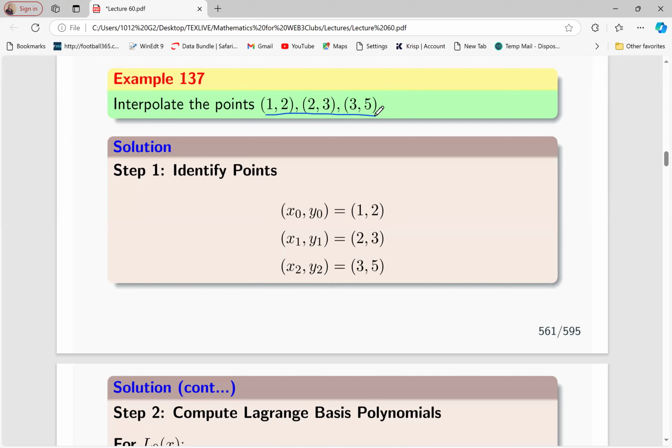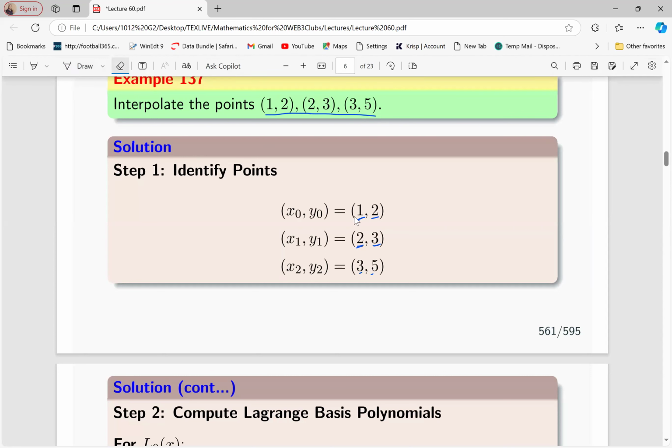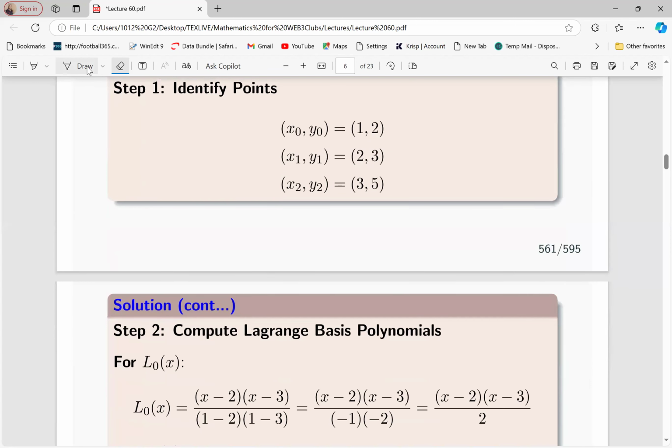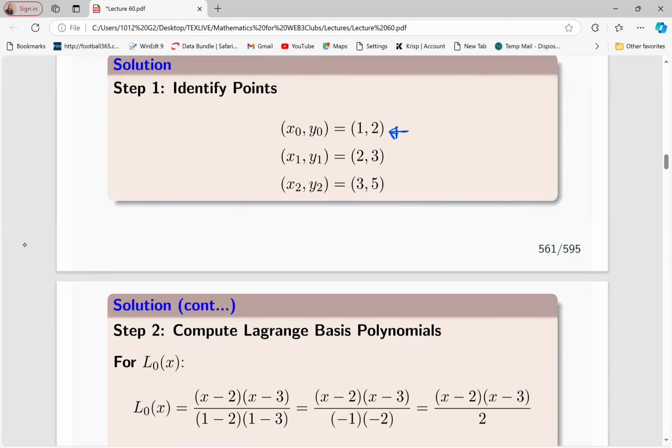We note that this is x naught, y naught, x1, y1, x2, y2. So first of all, we want to find the Lagrange basis polynomial. We begin by finding L naught of x. This is the point we are considering.